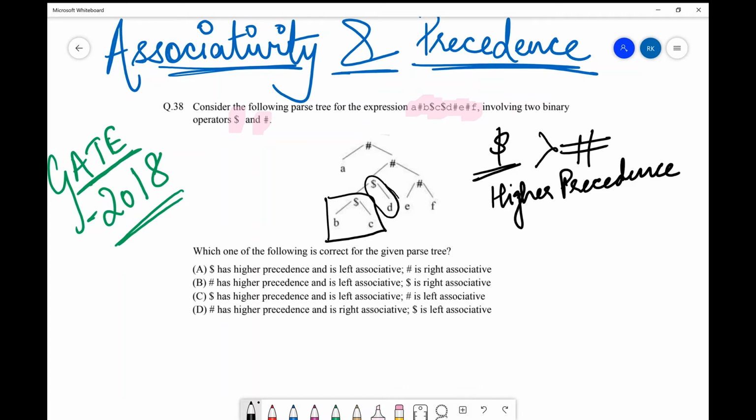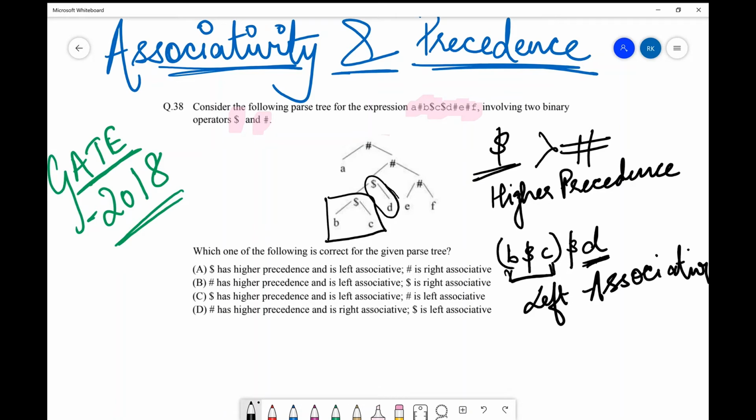If you imagine putting it in expression form, it is some sort of this form, right? Now you see, you are solving the left hand side expression first, and then going to the right hand side. So clearly this is left associative.